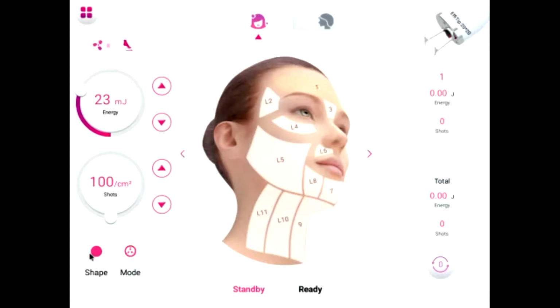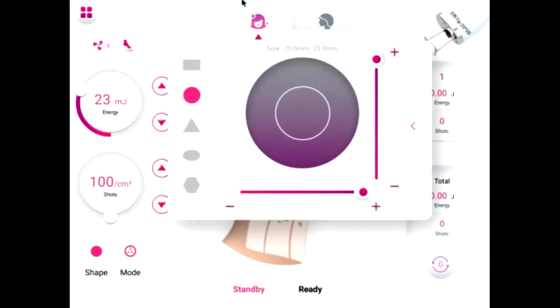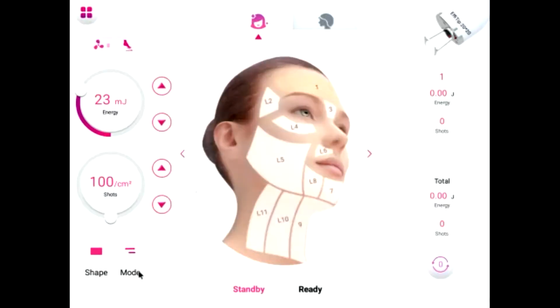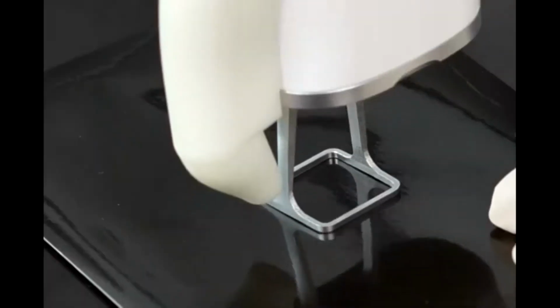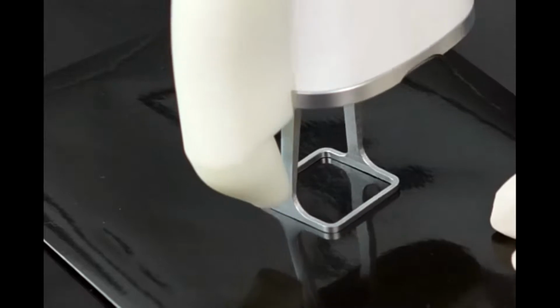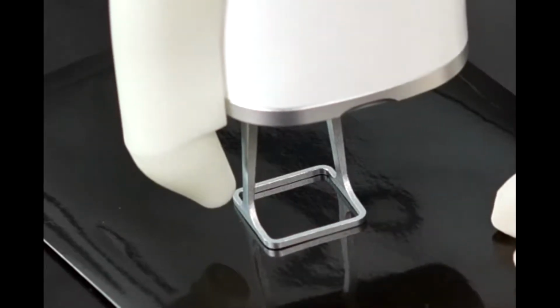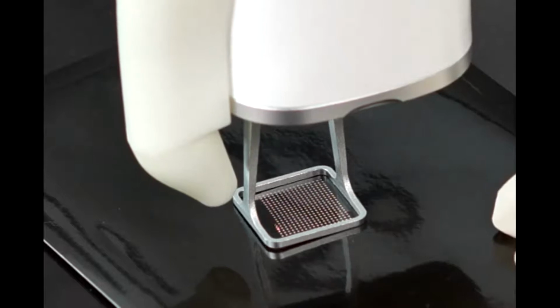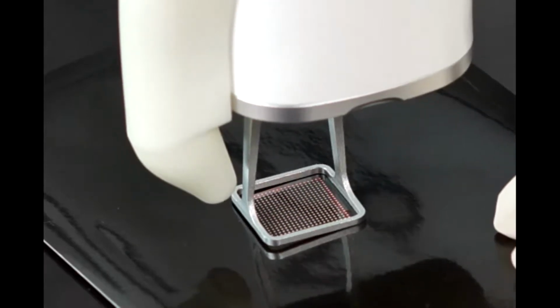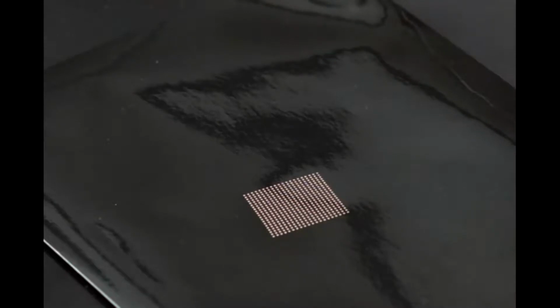And the shape used is the square first with maximum size, and the mode we choose is horizontal, and ready. Okay, you can see it clearly here.